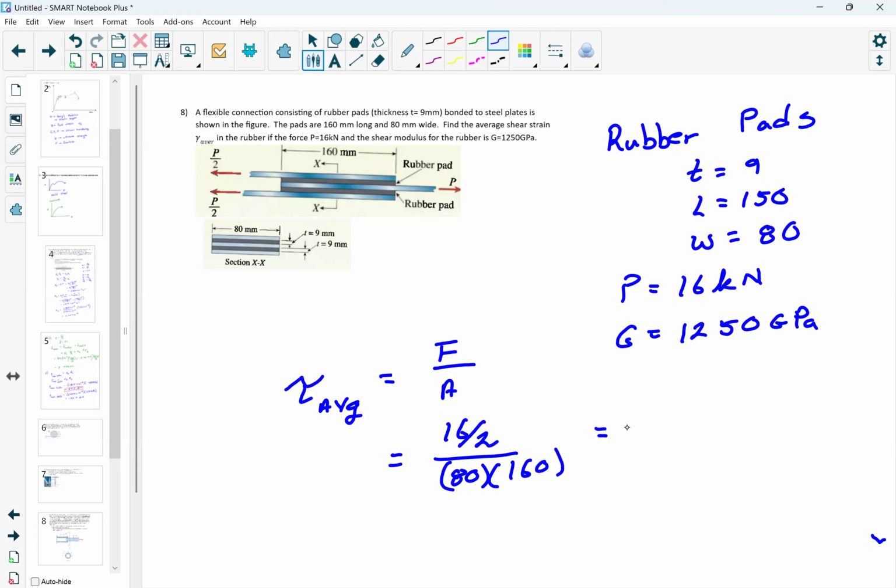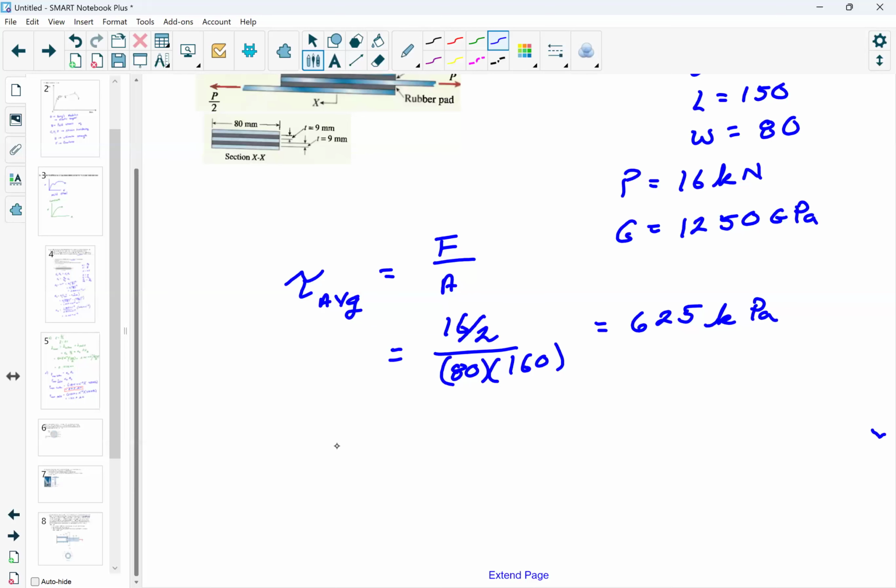So that ends up being 625 kilopascals. The reason we want that is because our strain is then going to be our stress, and I think I mentioned that you guys are missing some equations off your equation sheet, and I'll revise your equation sheet tonight.